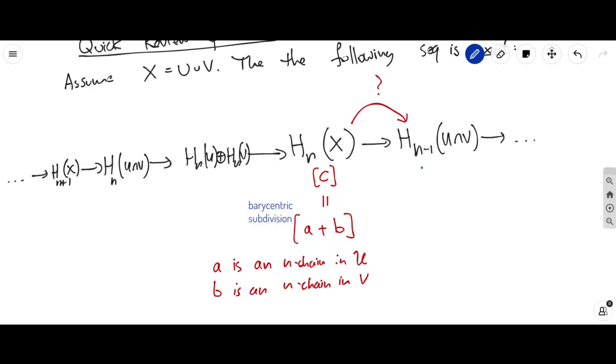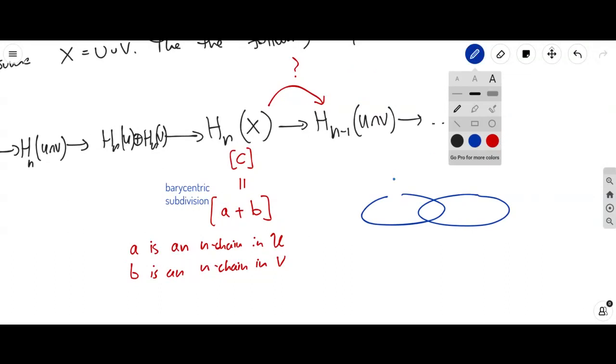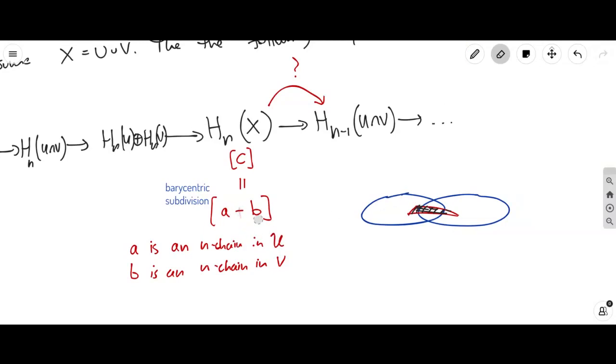It's a very technical lemma in homology, but the idea is very simple. If you have two overlapping open sets, well, they do not have to be overlapping, but in general, if they're overlapping and you have some kind of simplex, then you can cut that simplex up into small little pieces so that the chains that make up the simplex are entirely contained in U or V. So the cycle is a sum of simplices where each one sits in U or V.